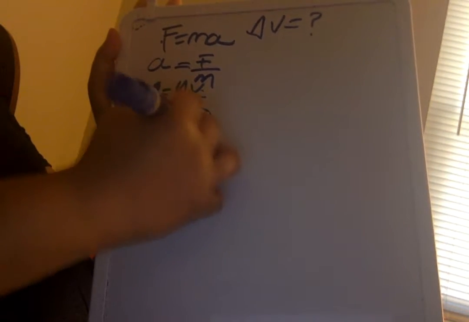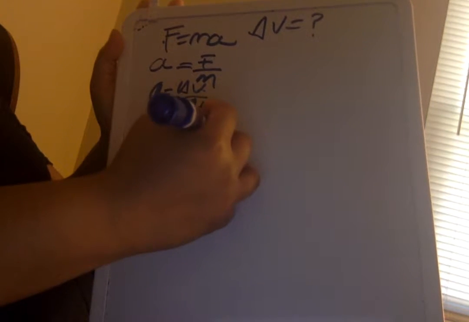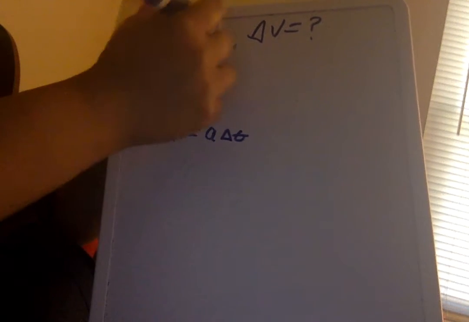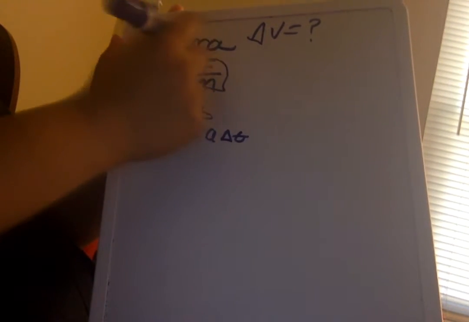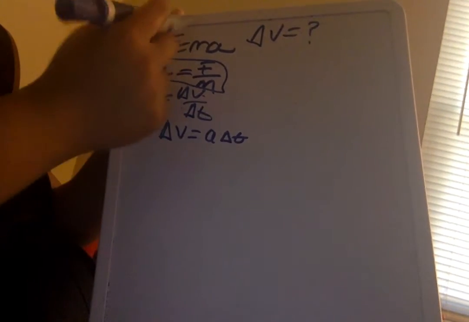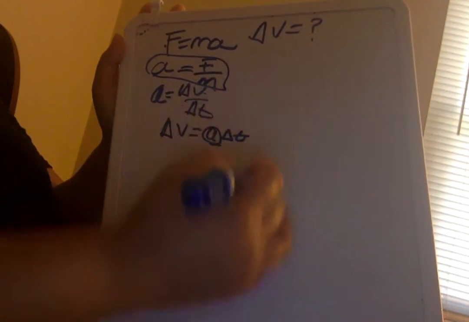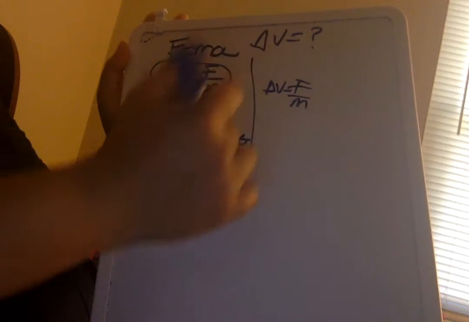Delta v is equal to a times delta t. And then we can insert what we derived from Newton's second law into here. So we have delta v equals F over m times delta t.